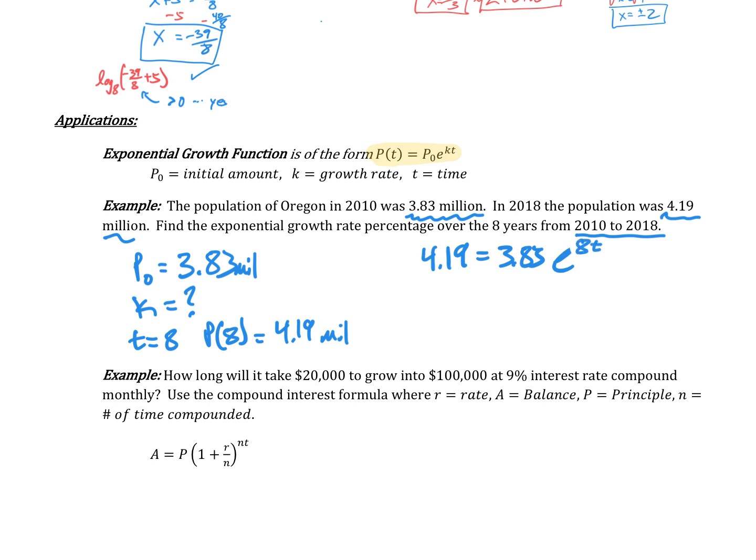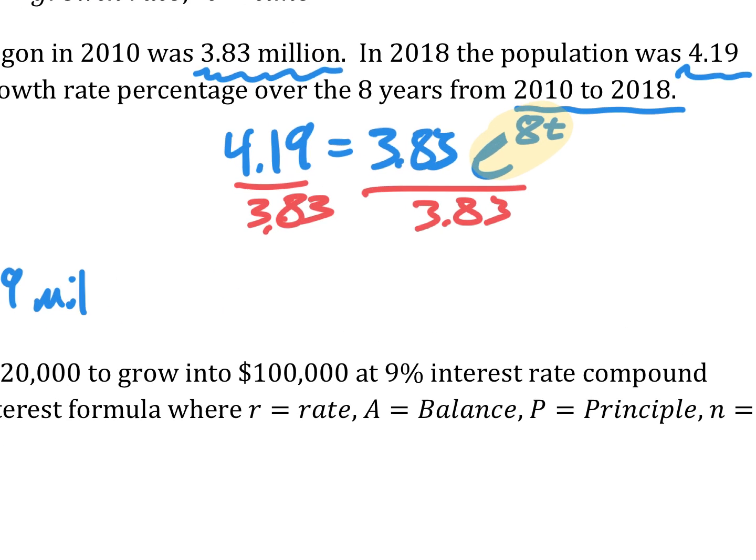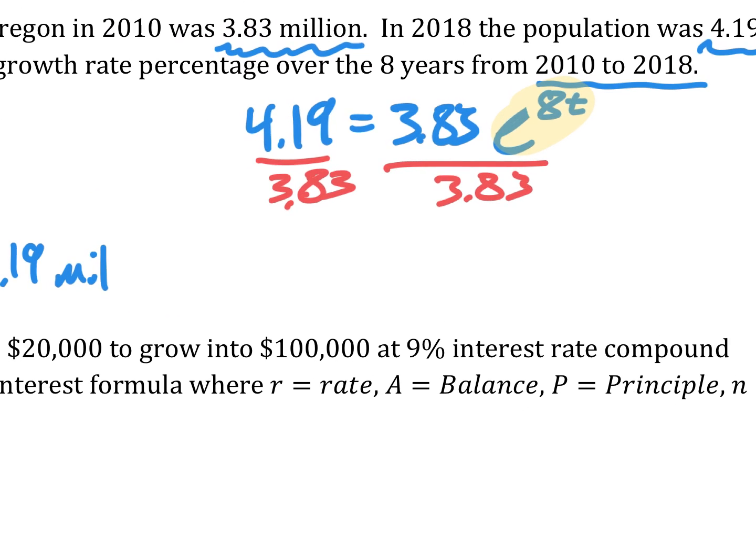Okay, so we need to solve this here. To do that, we need to get this exponential by itself. So first thing we've got to do is divide by 3.83. Now, that's just going to be a big, ugly decimal, so let's keep that as 4.19 over 3.83.